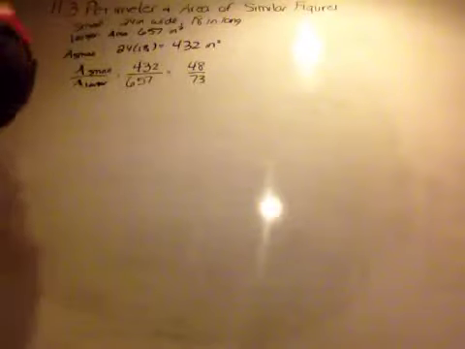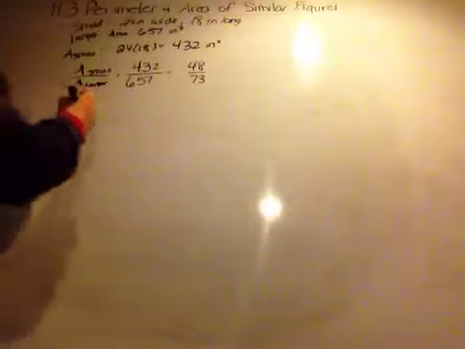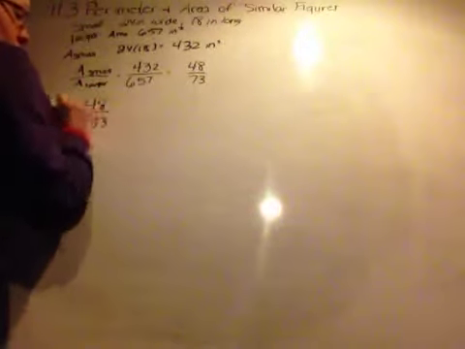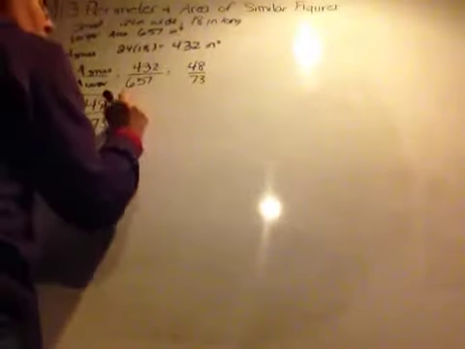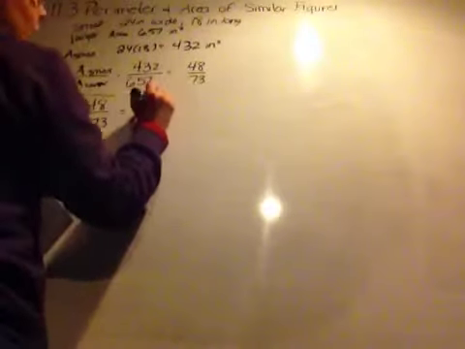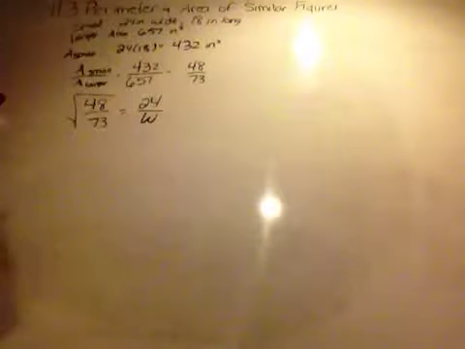We know that the ratio of areas is equal to the ratio of sides squared. So if we take the square root of 48 over 73, we will find the ratio of sides. And if I know that that's my ratio of sides, I can use the width of my small TV, which is 24, and solve for the width of my larger TV.